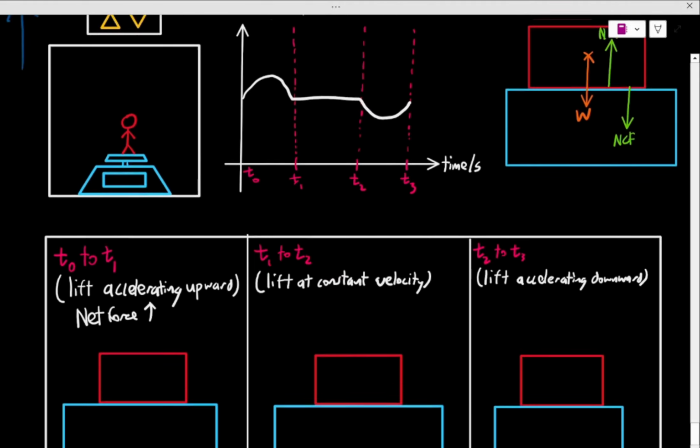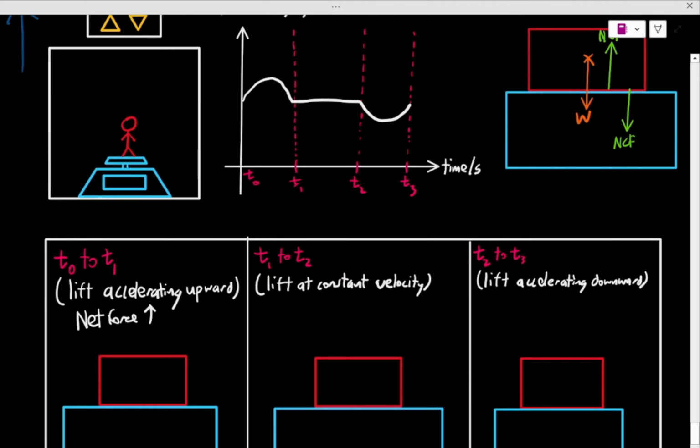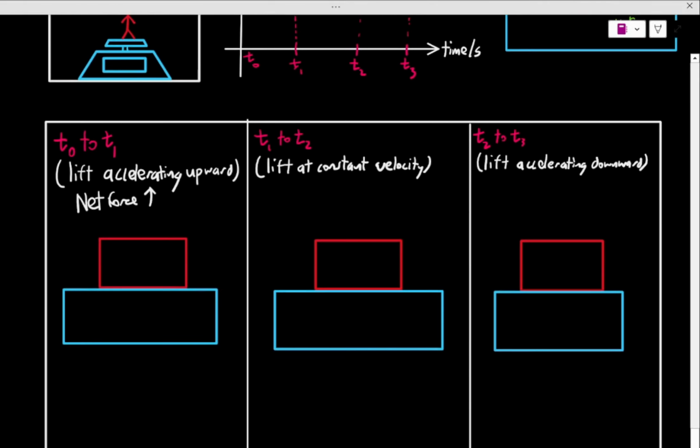Well, what forces are acting on you? There's weight and normal contact force, which means that the normal contact force by the weighing scale on you must be more than your weight by Earth on you. This is so that there is an overall upward force.